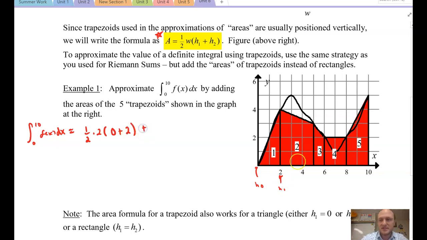Okay, plus the second area. I'm again going to take 1/2 and multiply by the width, which in this case, we go from 2 to 5, so that width would be 3, times again the average of these two heights. So it's h1, which is 2, plus this height here, which is 3.